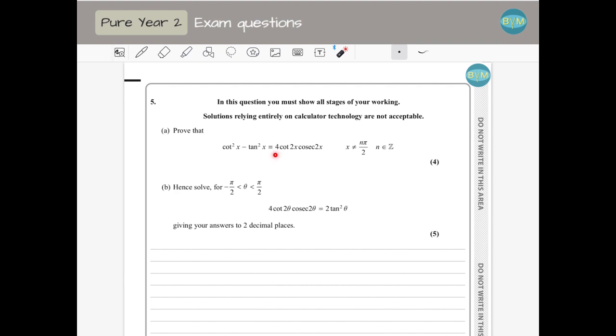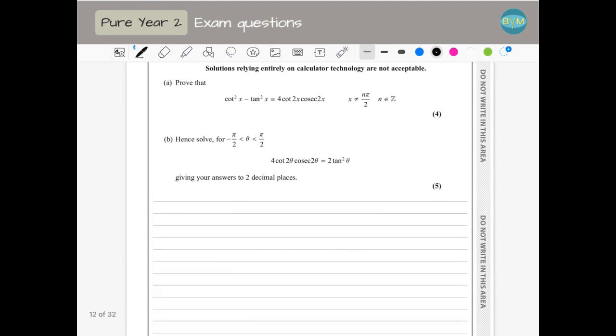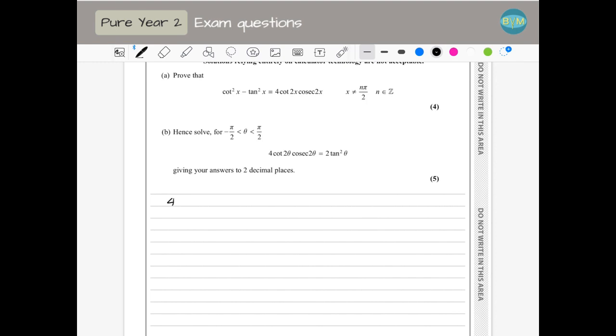I'm going to start with this side because as I have trigonometric ratios from 2x, I will be able to use the formula for the double angle, so I think it makes more sense. So I have 4 cot 2x cosec 2x.